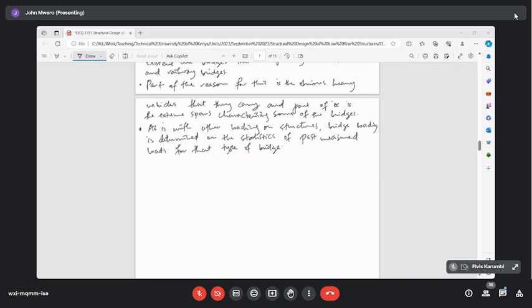Now you notice that these standards are written, and I'll show you what they say about loading. The loadings are written based on the experience in those countries where the standards were written for. So if it is a British standard, they took the behavior of road vehicles there, trucks there, loading there, and then they specified this.